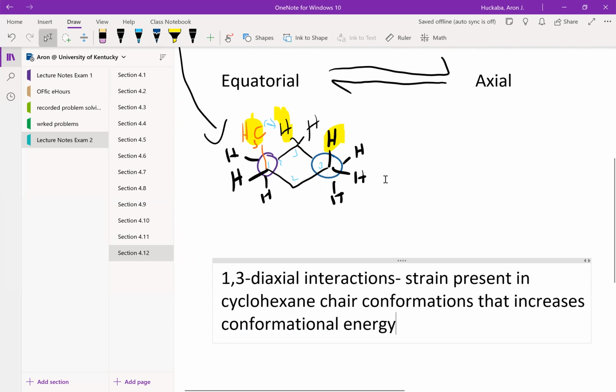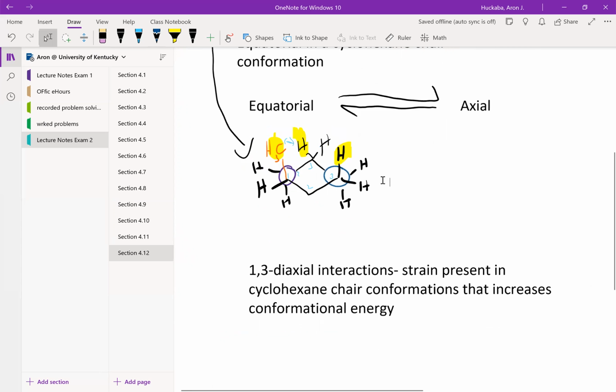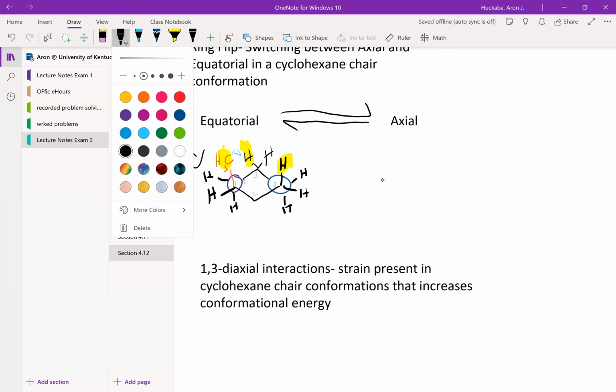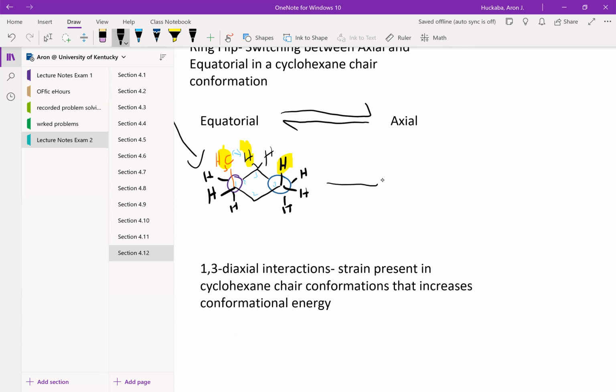So how do you get rid of the 1,3 diaxial interactions? You do a ring flip. So we would just write in here, ring flip. There we are.